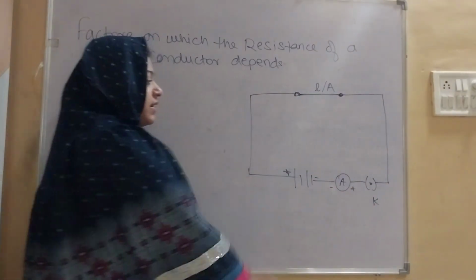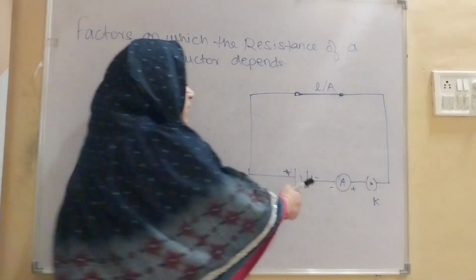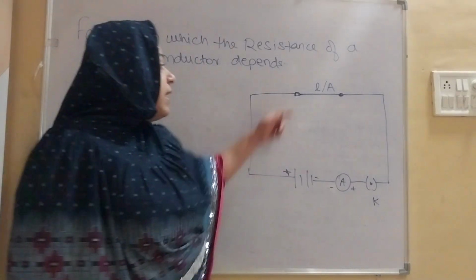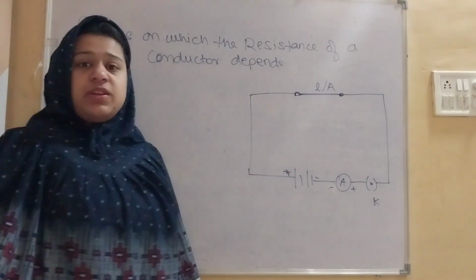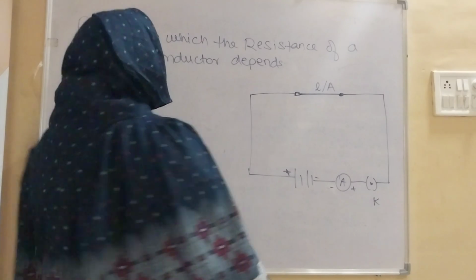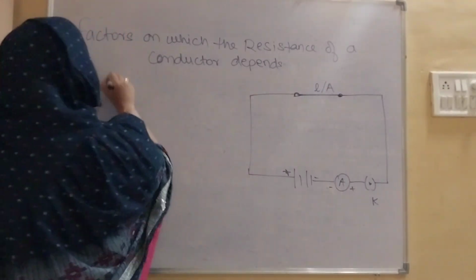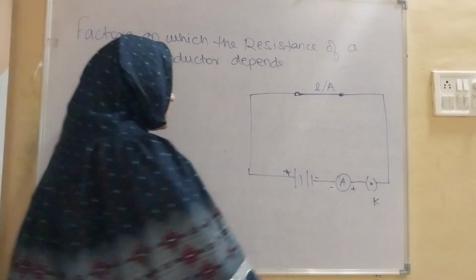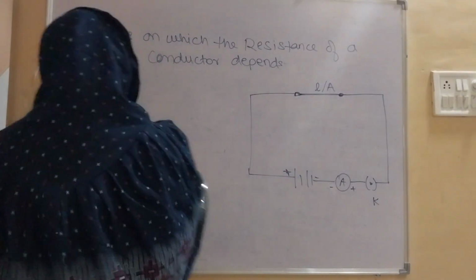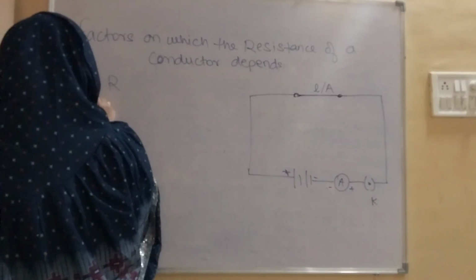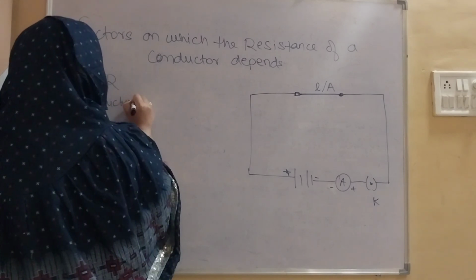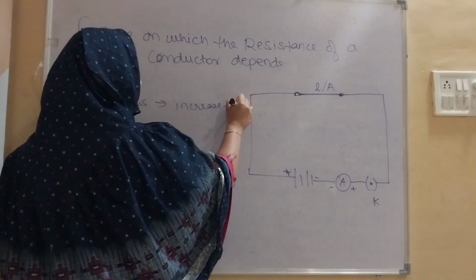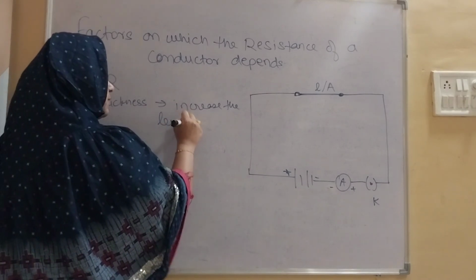We have made a circuit diagram. We have a circuit. Here we have battery, ammeter, key and a nichrome wire of length L and area of cross section A. First we note that the resistance of the wire is R. Now what we do is, keeping the thickness of the wire the same, we increase the length of the wire.